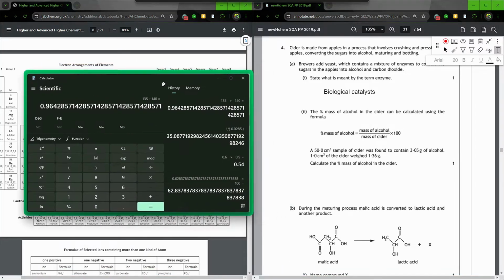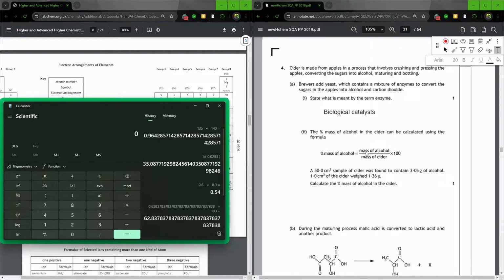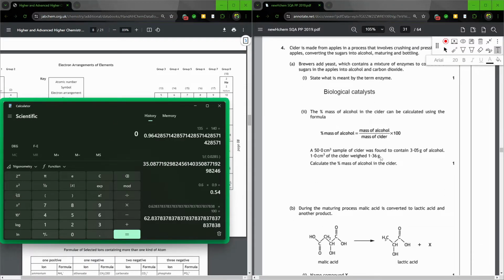So I'll pull up my fancy calculator. So mass of alcohol, it says that it's 3.05 divided by mass of cider, and it says 1 cubic centimeter of cider weighed 1.36, and we've got 50 of it, so we're going to times that by 50.